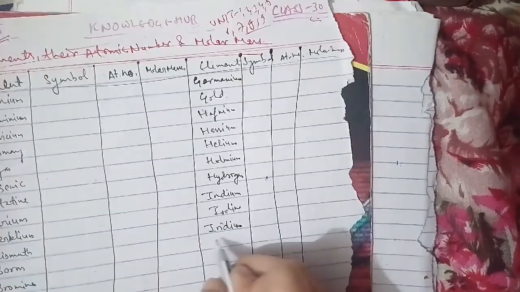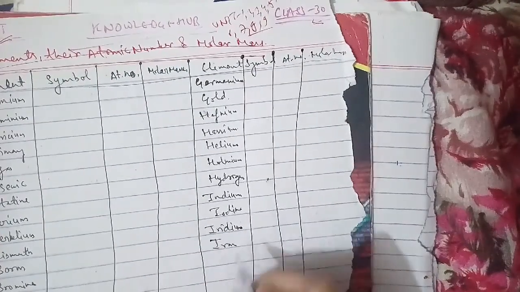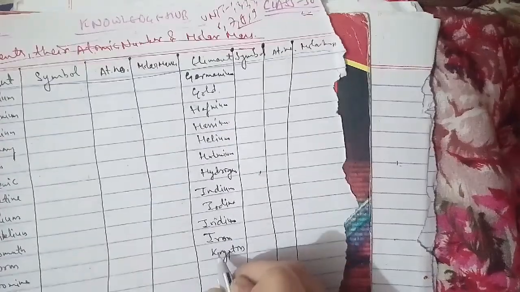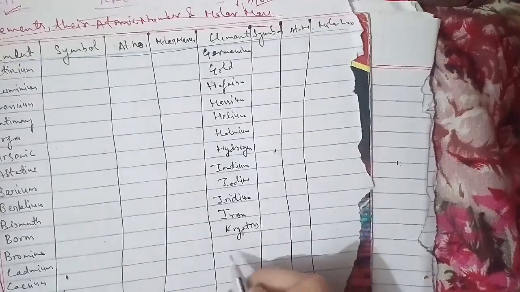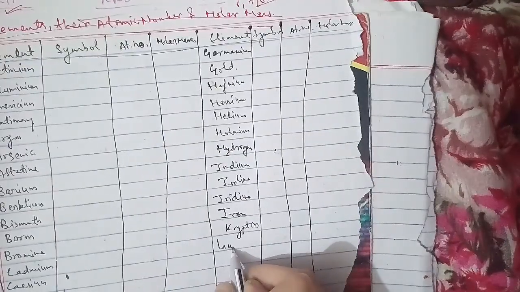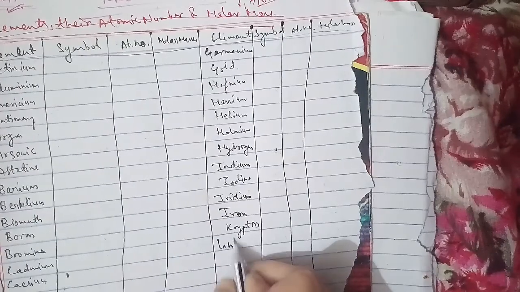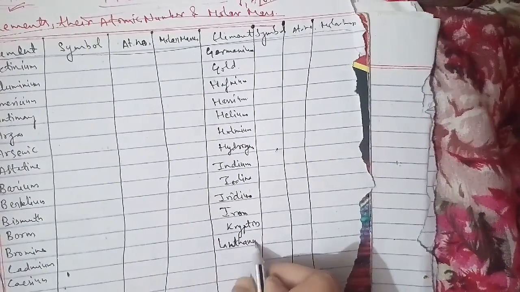After lanthanum we have lawrencium. After lawrencium we have lead, then lithium, then we have lutetium.